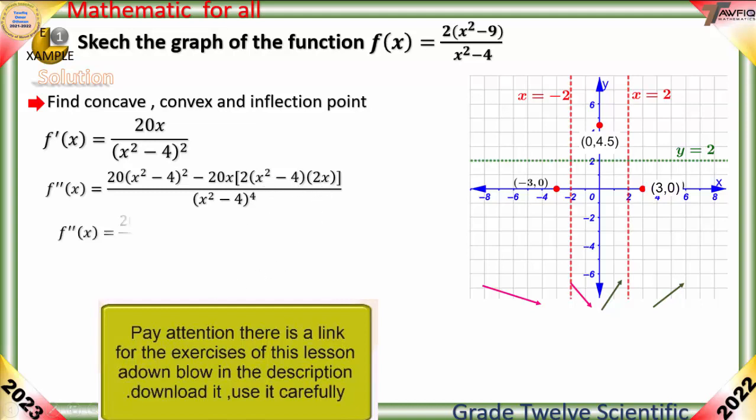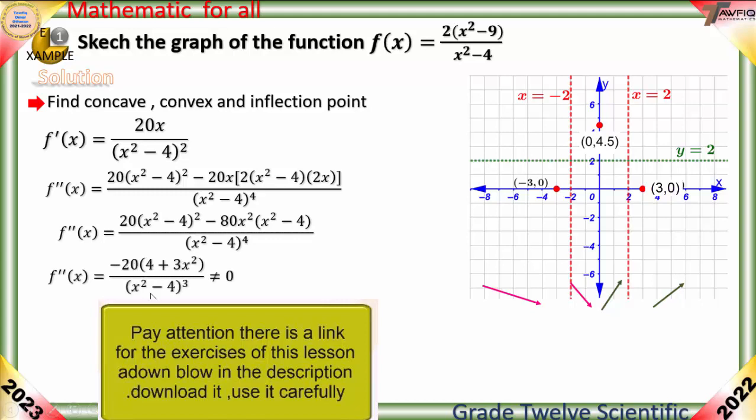Simplifying this, it becomes f double prime of x is equal minus 20 (4 plus 3x squared) over (x squared minus 4) to the power 3. It is not equal to 0, because 4 plus 3x squared is not equal to 0. So there isn't any inflection point.